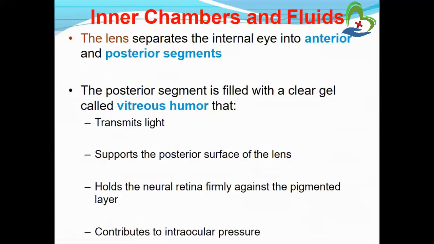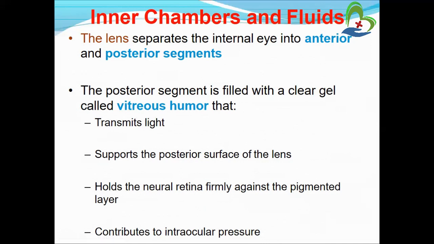Then the inner chambers and fluids. What are the inner chambers, and which fluids are present? The lens separates the internal eye into anterior and posterior segments. The posterior segment is filled with a clear gel known as vitreous humor. In the previous session we saw this in an image showing the vitreous humor and ciliary bodies.